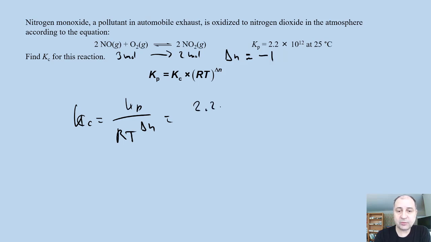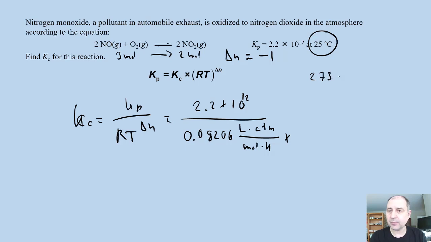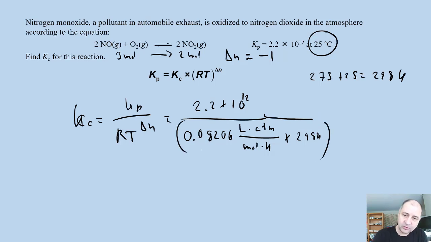Kp is 2.2 times 10 to the 12, divided by the ideal gas constant, 0.08206 liter atmospheres per mole Kelvin, times the temperature in Kelvin, so that's 273 plus 25, which is 298 K, and then of course to the -1 power, which is what delta N is.